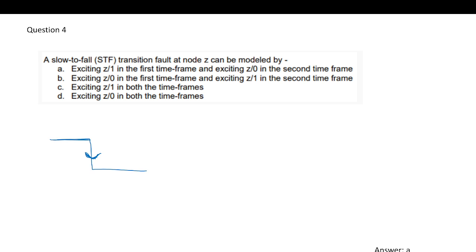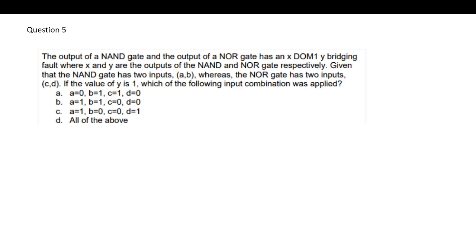Whatever this value is, we want to apply it to get this transition. So we want a transition of 1 here and a 0 here, so 1 at frame 1 and 0 at frame 2. So option A. Next question.